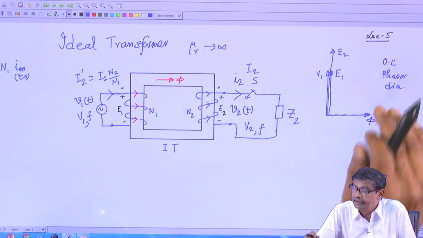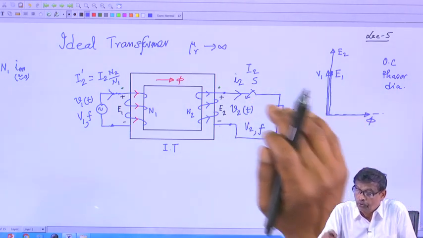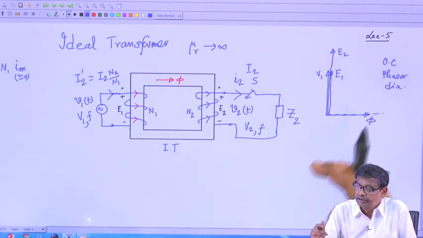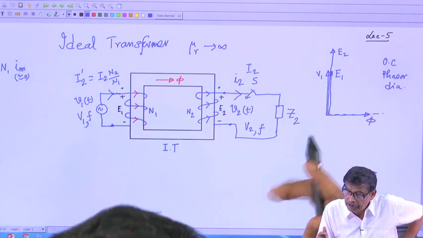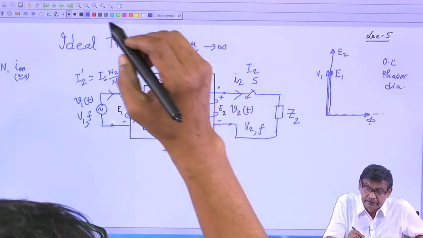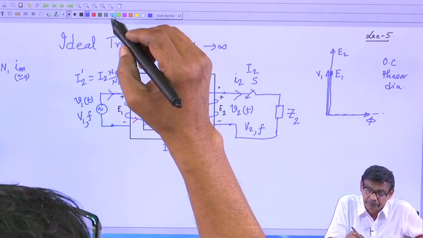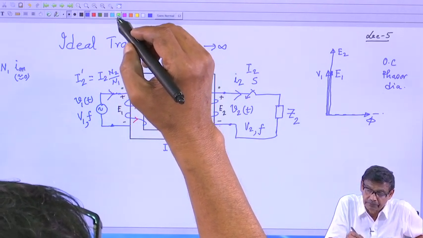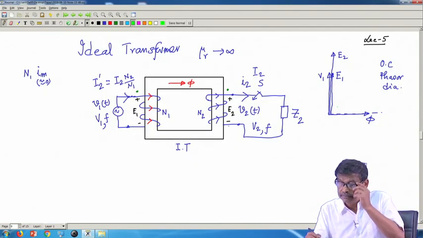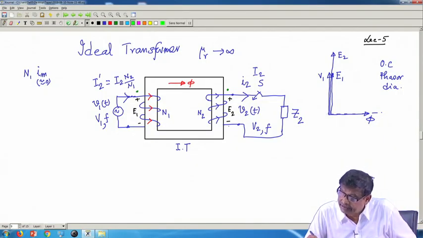Now, with S closed, the phasor diagram will be as follows; I have to draw the currents. First I draw the secondary current.